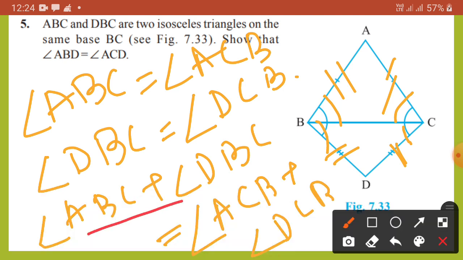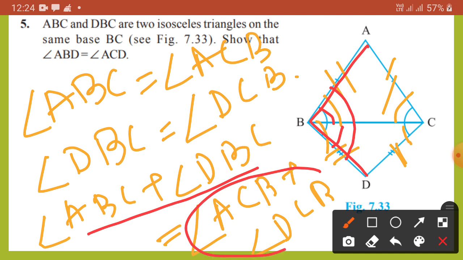Now angle ABC plus DBC totals to give us angle ABD.